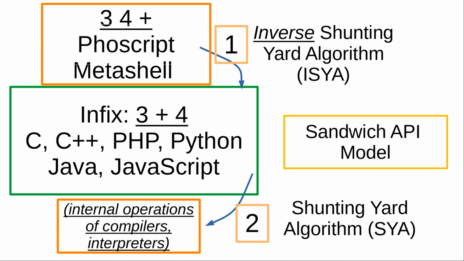By introducing another layer of PhosScript metaprogramming shell or meta shell, as indicated by number 1 in the yellow box, we enable programmers and non-programmer users to call functions written in any known programming language using PhosScript as a universal metaprogramming script.